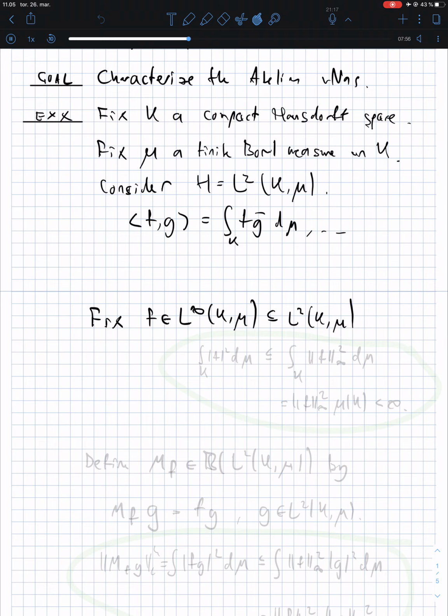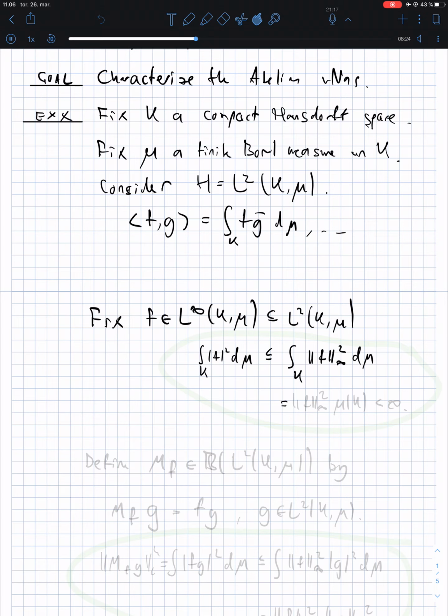And that's just because, what does it mean to lie in L2? It means that the integral like this over K is finite, but I can, almost everywhere, which is fine for the integral, majorize this with the L infinity norm of f, d mu.